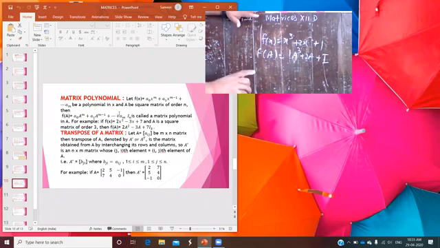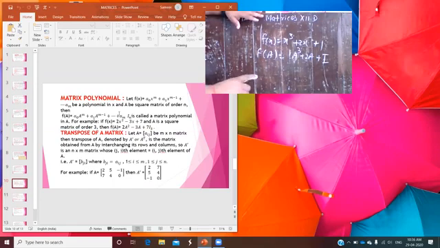The identity matrix of order 3 is [1 0 0; 0 1 0; 0 0 1]. Only at the diagonal positions you write 1, and all non-diagonal elements are 0. That type of matrix is known as the identity matrix.